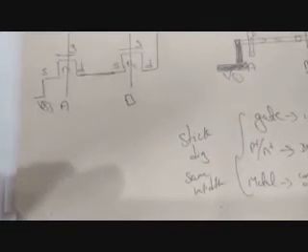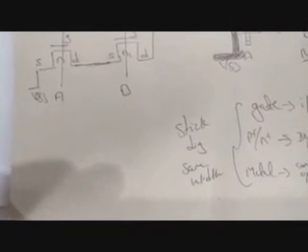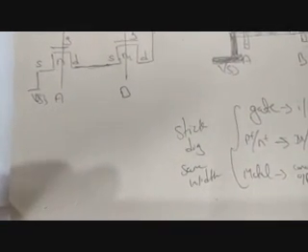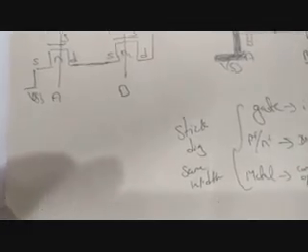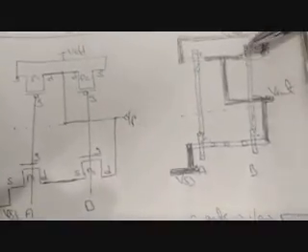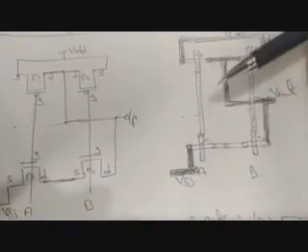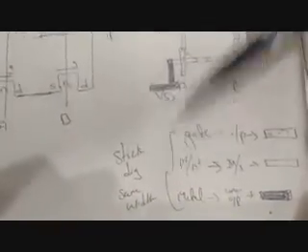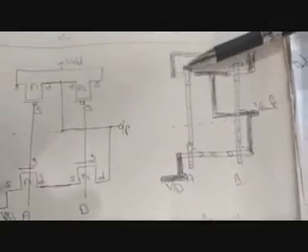Another important thing is the difference between the schematic and the stick diagram. The schematic is represented using a single line, but the stick diagram uses double lines, all of the same width.